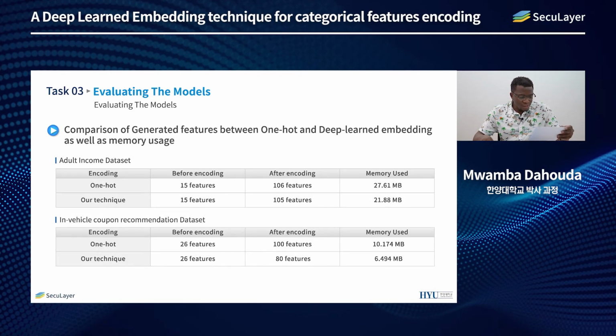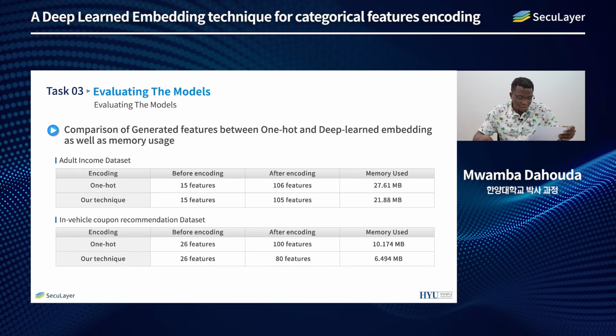Our proposed technique works well with artificial neural networks such as LSTM because it's based on word embedding. As shown in the figure, the deep learned embedding has better accuracy than one-hot encoding. Another important point while dealing with categorical variable encoding is the number of features that can be generated after encoding.